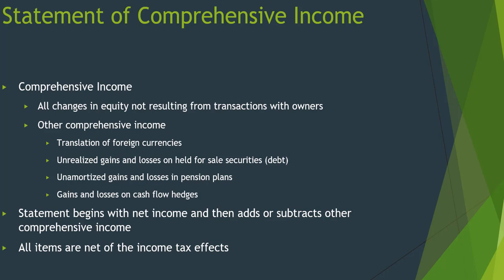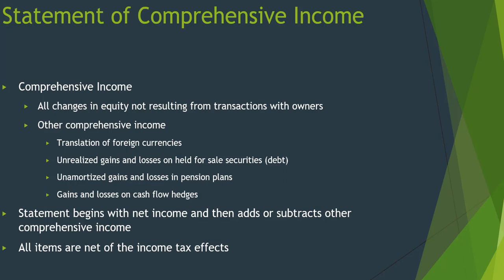So first you have net income, and then you have what's called other comprehensive income. These are things that are not part of net income but are part of comprehensive income. So we use the term other to make sure you understand that it is outside of net income but still part of comprehensive income. There are 4 items there.